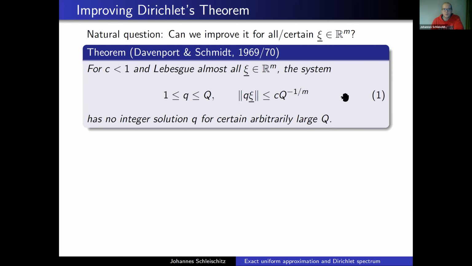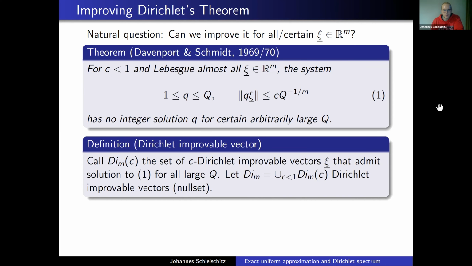When you write the parameter c as a vector, then this will generically not have many solutions. So for most psi in the Lebesgue measure sense, the system with c smaller than 1 will not be soluble anymore. This is from the late 60s.